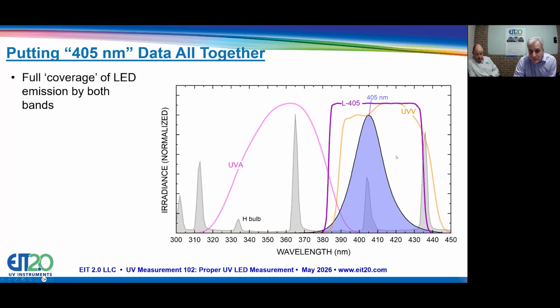Possibly a reasonable relative measurement, but as Jim said, not as a good control or recordable measurement for absolute numbers. UVA band is fairly useless at this point, not helping any of the distribution measurements in a reliable way. So UVV is at least relatively keeping up with the situation. Again, the L405 band is doing a good job picking up the entire distribution, and even has a little bit more wiggle room to boot.